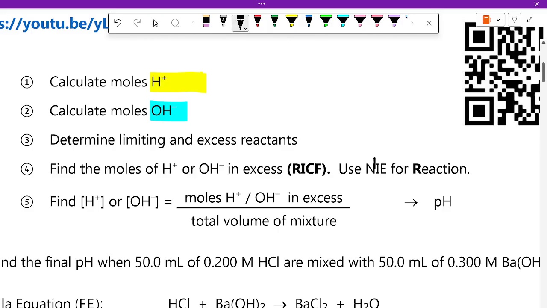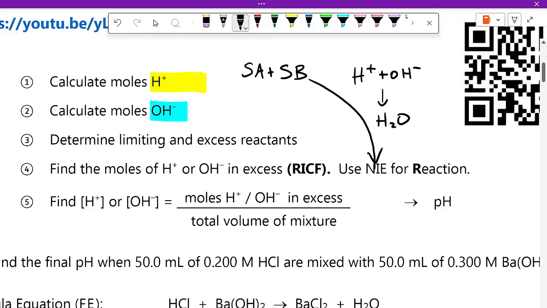And if this is a net ionic equation for a strong acid plus a strong base, what is the net ionic reaction for a strong acid plus a strong base? H plus plus OH minus goes to H2O. Yeah. Okay. If you don't want to use a RICFA table, you do not have to. You can find the amount left over any way you want to, but as long as you get it correct, that's good. And then you will take whatever your moles that are in excess and divide by the total volume, and from there you can go and you can find your pH.